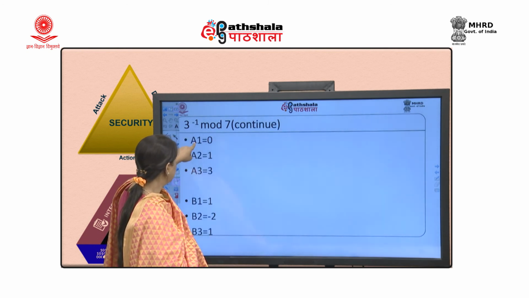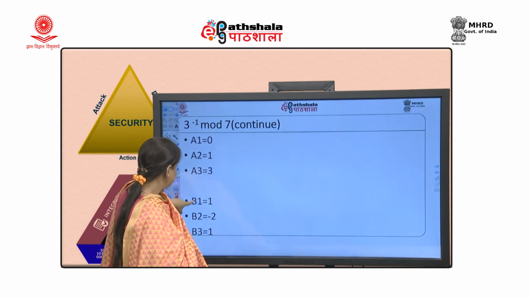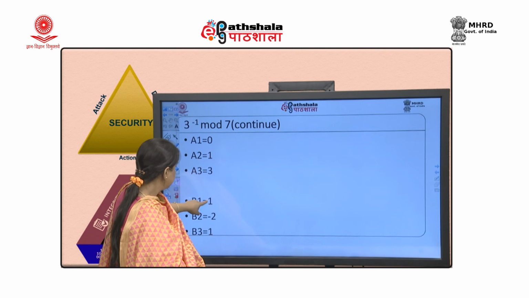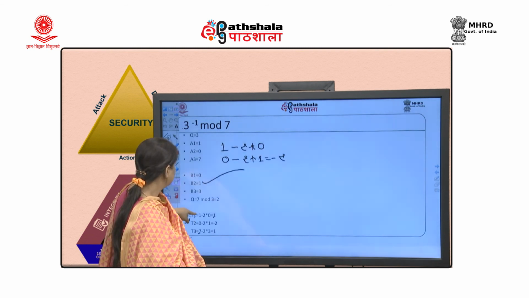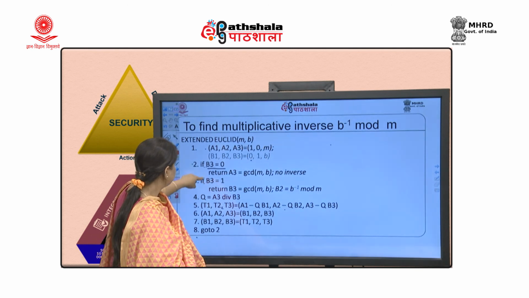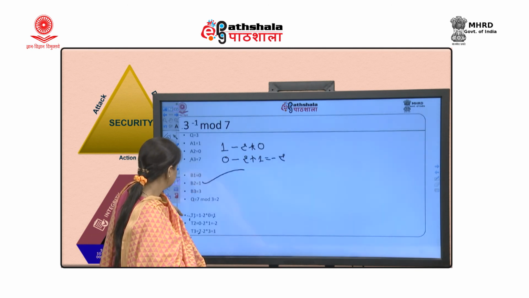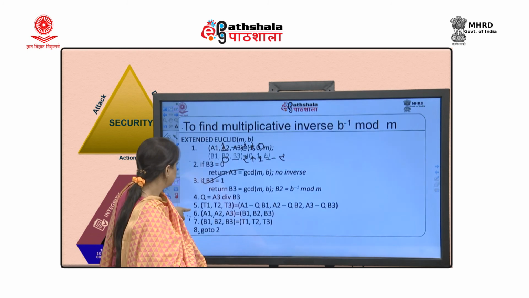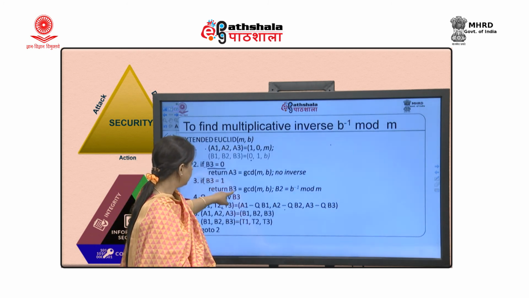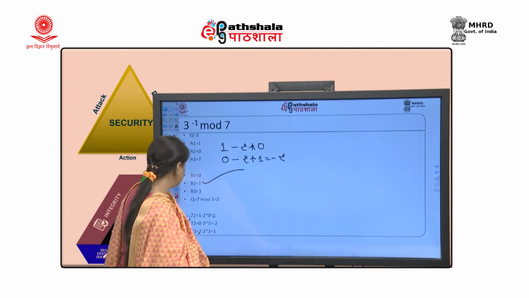You have to carry forward: A1, A2, A3 would be changed to B1, B2, B3, and B1, B2, B3 would be given by T1, T2 and T3. According to the algorithm, if B3 is equal to 1, then B3 is the GCD and B2 is the inverse.